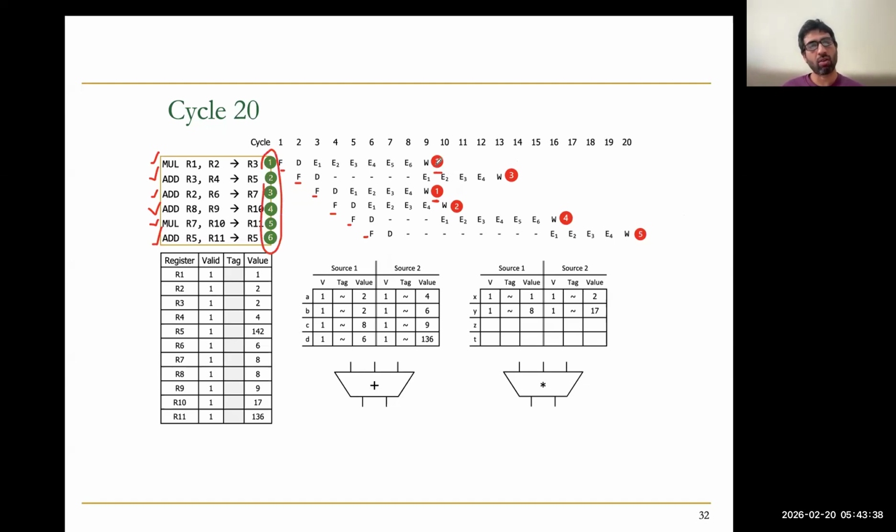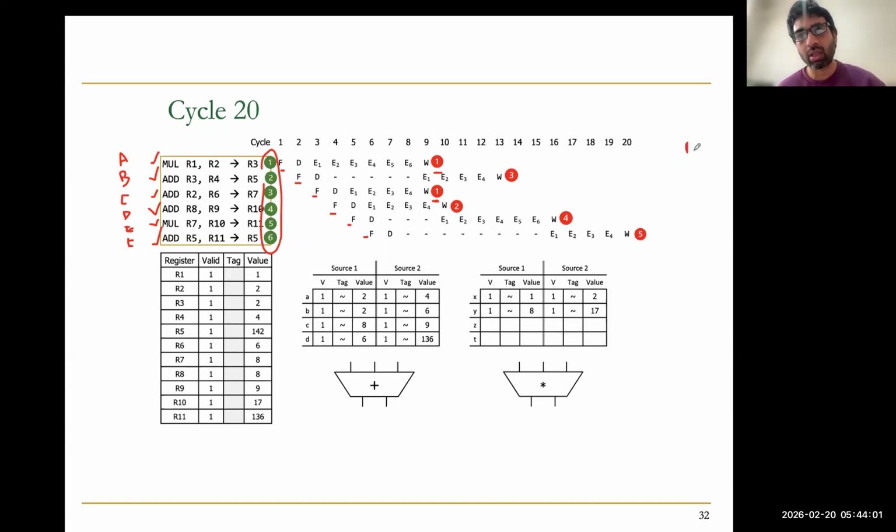So here, first instruction 1, let me name it as A, B, C. So the commit order: A, B, C, D, E, F. So instructions are fetched in this order, first instruction A, then B, then C, then D. But what is the commit order?